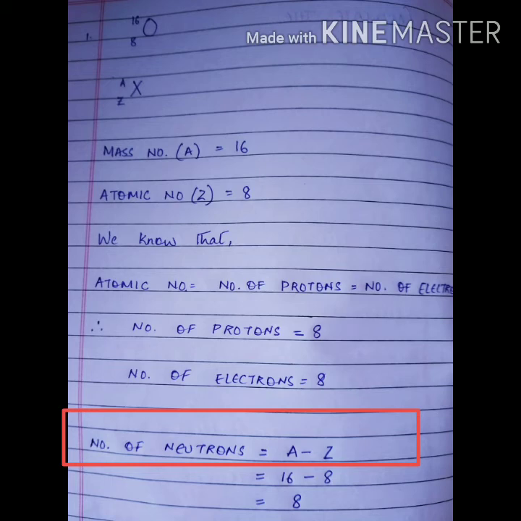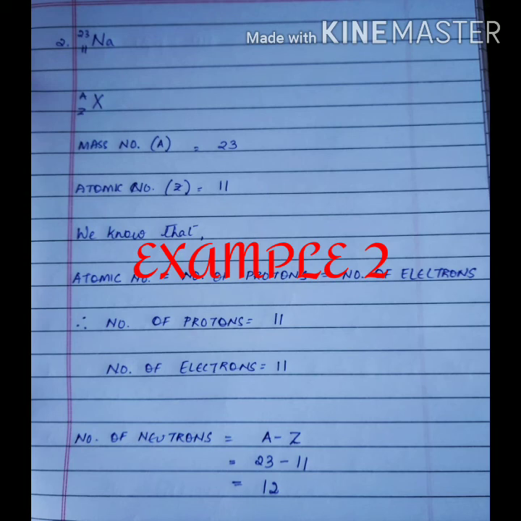Number of neutrons is A minus Z. That means 16 minus 8, which is also equal to 8. So we have calculated the atomic number, the mass number, the number of protons, the number of electrons, and the number of neutrons. So let's come to the next example.